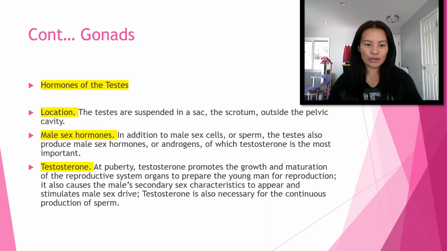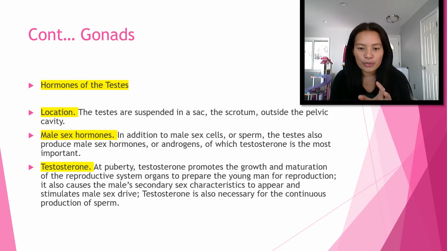So, male sex hormones. In addition to male sex cells or sperm, the testes also produce male sex hormones, or androgens, of which testosterone is the most important. So testosterone is the male sex hormone. At puberty, testosterone promotes the growth and maturation of the reproductive system organs to prepare the young man for reproduction.